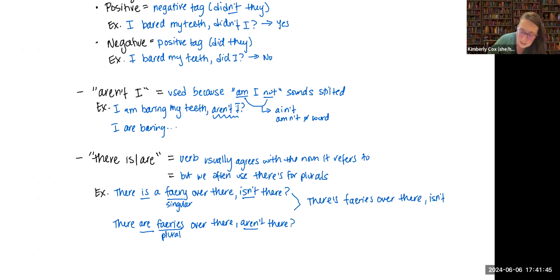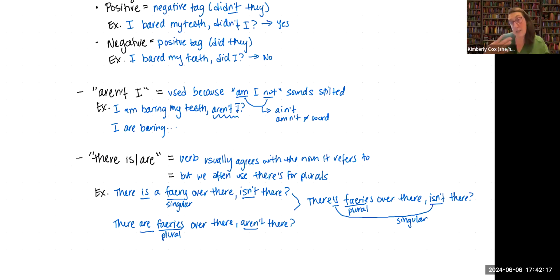So technically, this is grammatically incorrect according to a prescriptivist because fairies is plural, but the is's are both singular, right? Now, it doesn't mean we don't say it. Sometimes we do. And when we're taking a descriptivist approach to grammar, we're explaining what grammar does. So because this sentence still communicates and we understand what's happening, we can point it out.